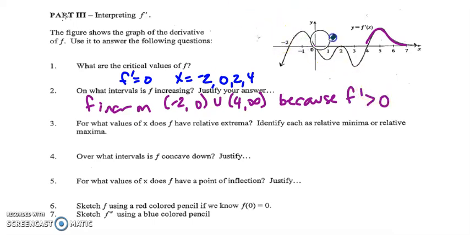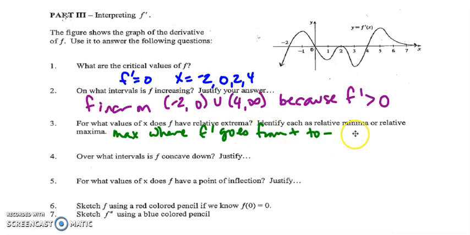Now my next question is, for what x values does f have relative extrema? Identify each as a relative min or max. So we're going to have maximum values where f prime goes from positive to negative. And that happens at x equals 0.